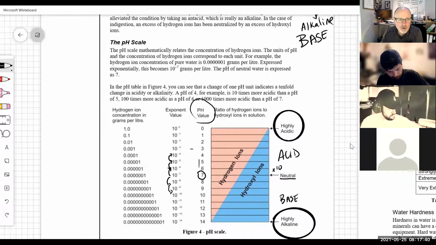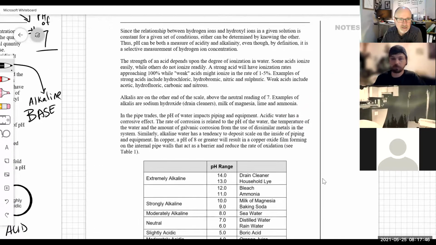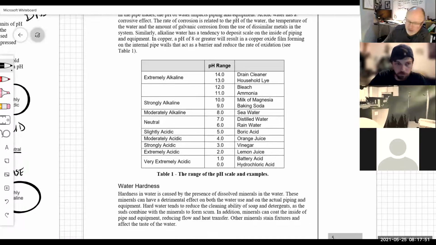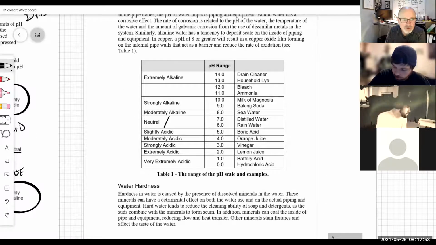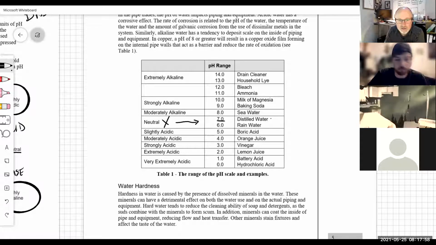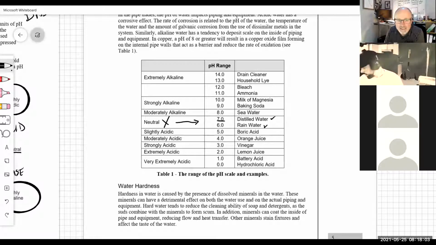And then I'm going to go over to the list and we're going to talk about things that are acidic. I'm not going to read all of that stuff on there, but I do want to talk about acidity. So neutral right here, as you can see, is distilled water, perfect. Rainwater is actually slightly acidic. When a lot of pollution is put into the atmosphere, it will pick it up and then put it back through the water vapor in the clouds.